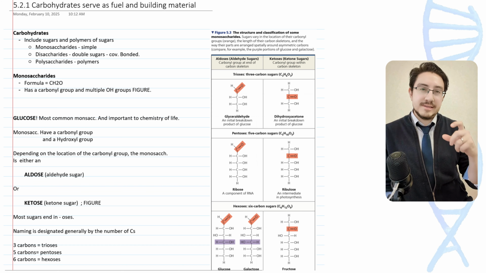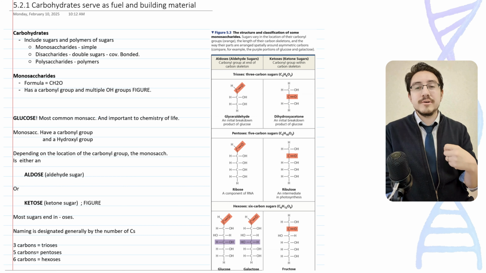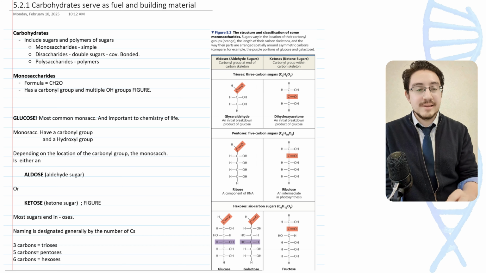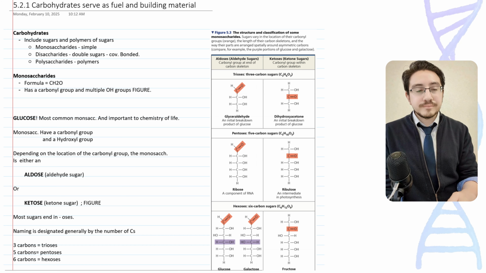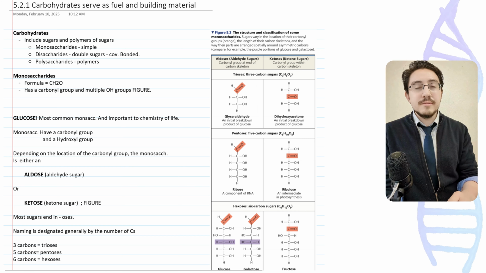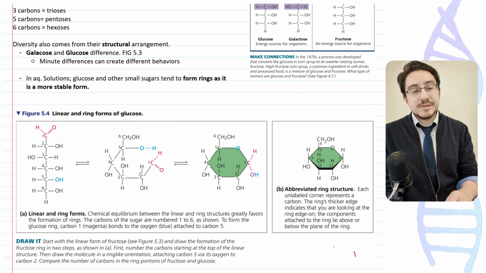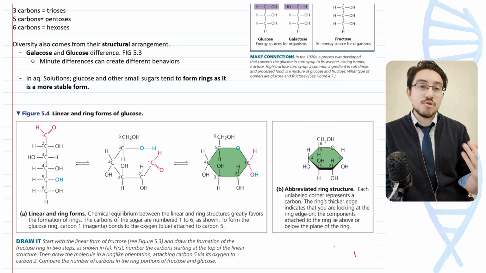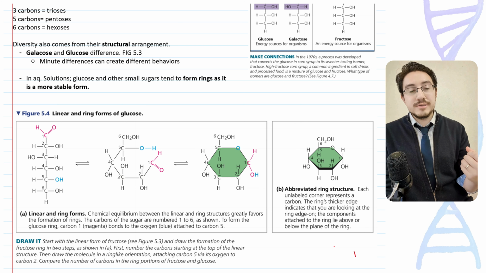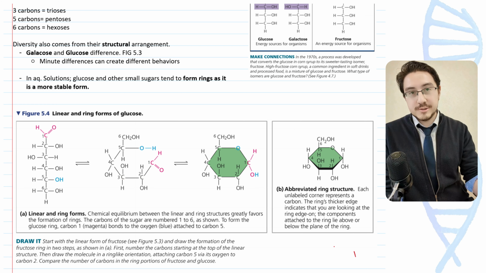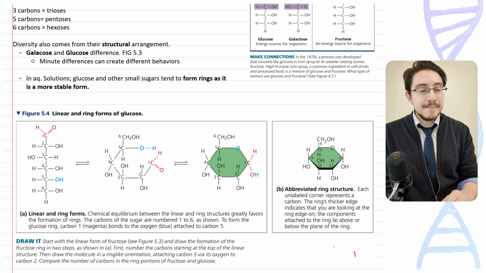That can give you a hint as to identifying them, or whenever you read this word, you know already it's a sugar, most likely. And the name generally designates the number of carbons. For example, 3 carbons is referred to as a triose, 5 carbons a pentose, and 6 carbons a hexose.